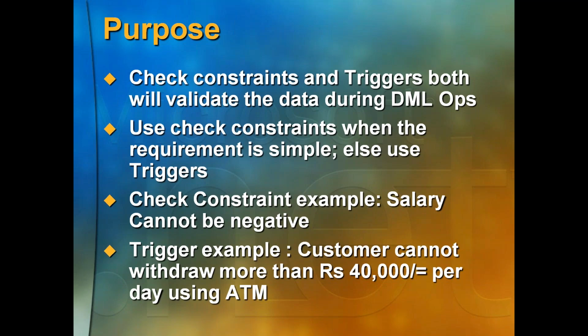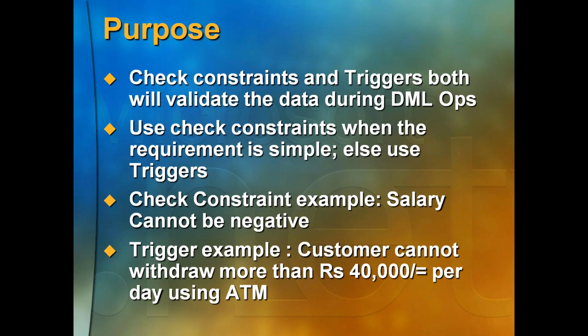So even though triggers can do small operations or simple validations, we never use triggers for simple validations. It is better to go to the check constraint. Salary cannot be negative. A trigger can also do this validation, but if you implement it with a trigger, it is slow. Clear?